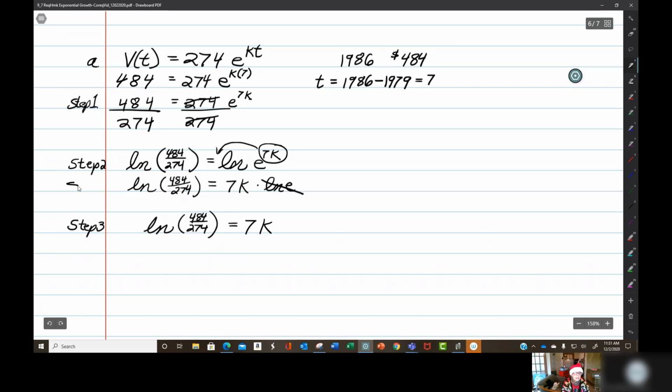No, this was step 3. Okay. This is step 4. Divide both sides by 7, and then we'll get what k is. So k equals the ln of 484 divided by 274.